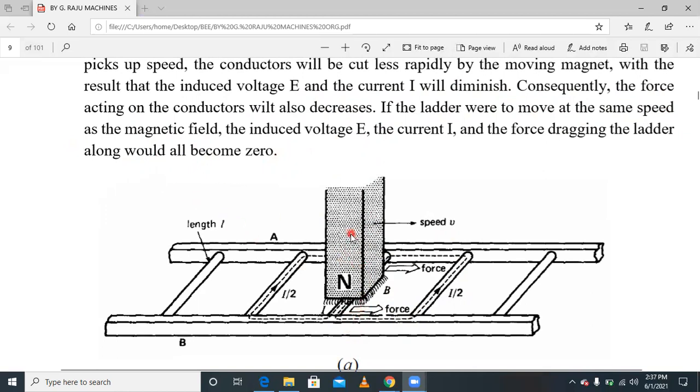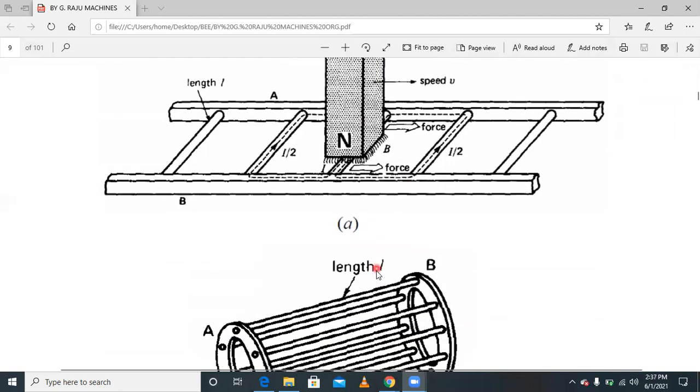If this is rotating and this is rotating at the same speed, what happens here? The induced EMF E, the current I, and the force driving the ladder along would all become 0. Understood?